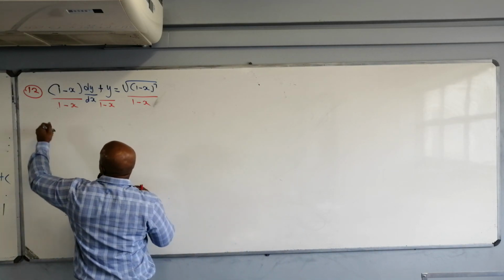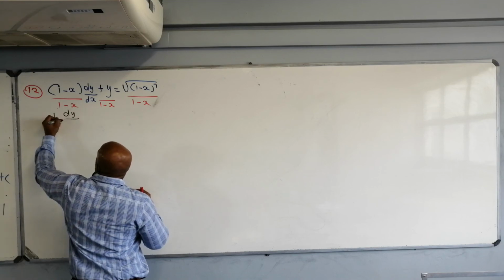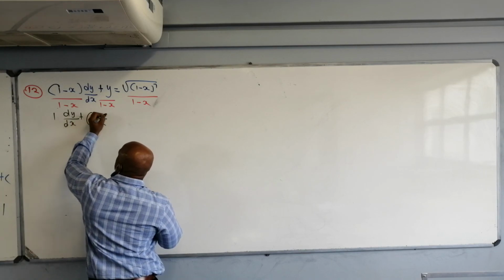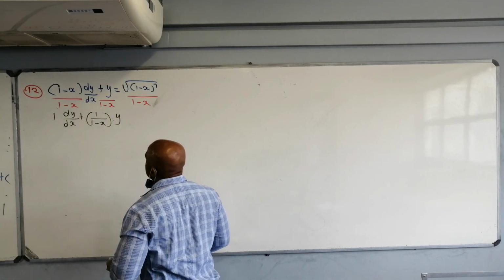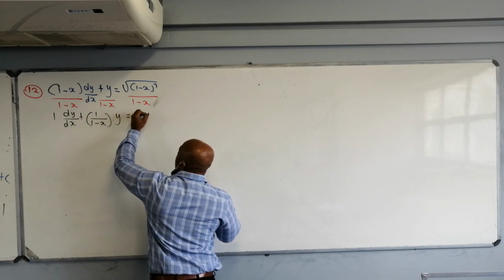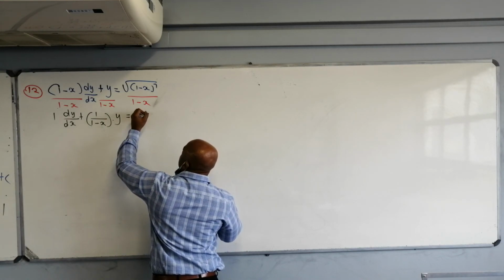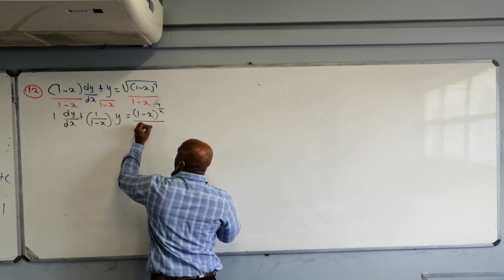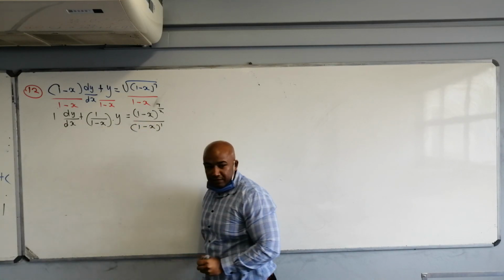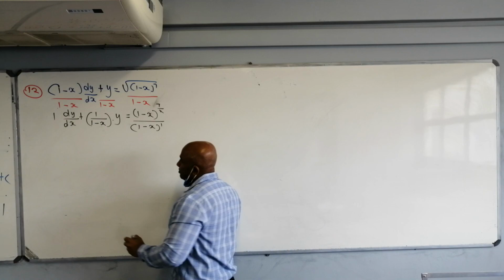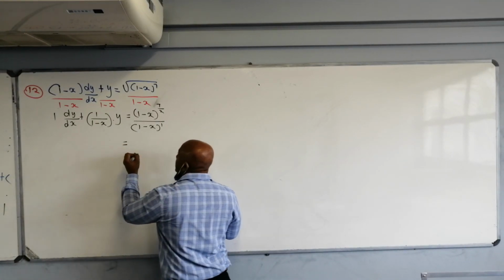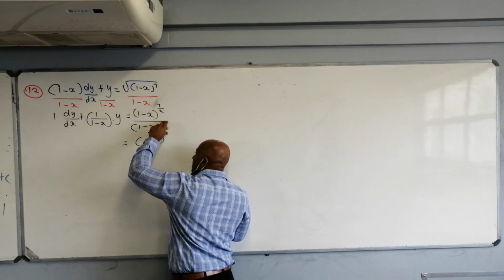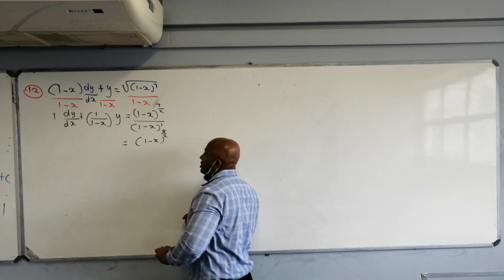So here we got 1 times dy over dx plus 1 over 1 minus x multiplied by y is equal to 1 minus x to the power 7 over 2 divided by 1 minus x to the power 1. So this can be simplified to 1 minus x to the power 7 over 2 minus 1, which is 5 over 2.